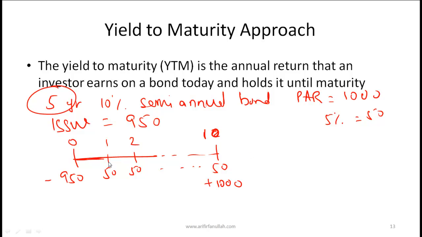And to calculate the YTM, we first calculate the 6 month yield. So that 6 month yield you basically calculate using your calculator.